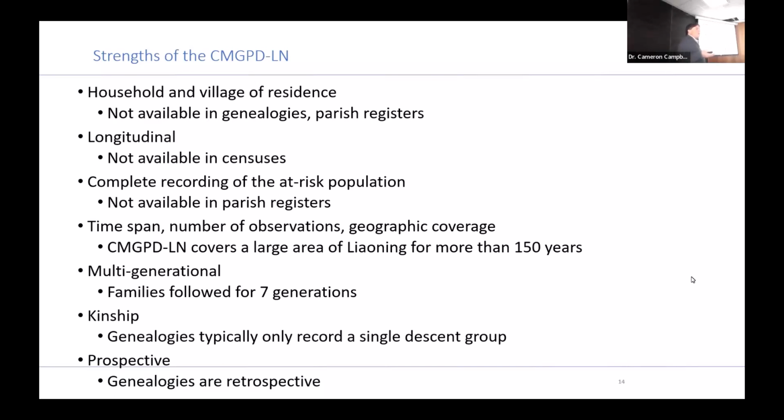The state wanted to keep track of who was on its land for all sorts of reasons, so it was maintaining these registers on an ongoing basis. One of the problems with genealogies, which are popular as a source for Chinese historical demography, is that they were always retrospective, with the exception of the imperial lineage, which had a whole office devoted to its upkeep.